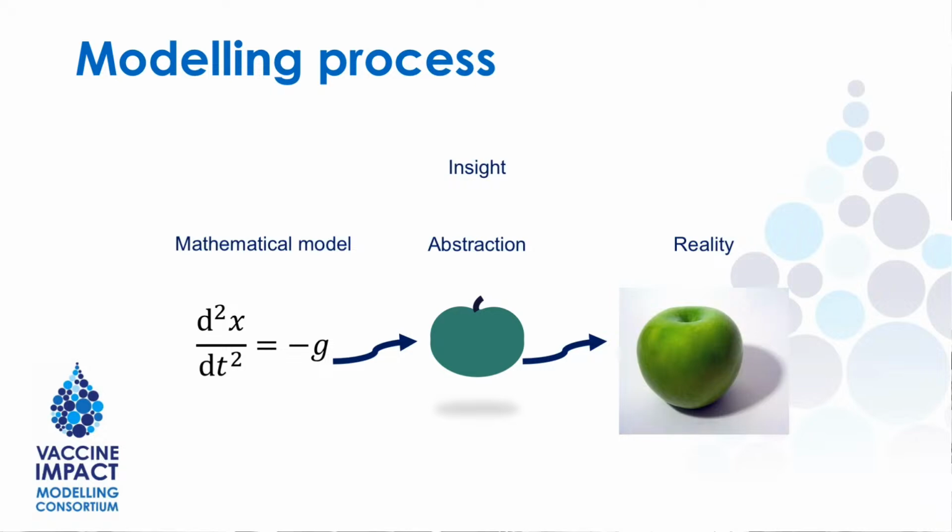So that's one way of constructing. Hopefully at that point you've got a model that you can explore, you can look at the dynamics, you can see how it's changing, you can simulate it, maybe say, okay, well, 2 hours has elapsed, do we think the apple's on the floor yet? We can work that out with our model. That should give us some insight about our abstraction, and then hopefully that's useful for reality.